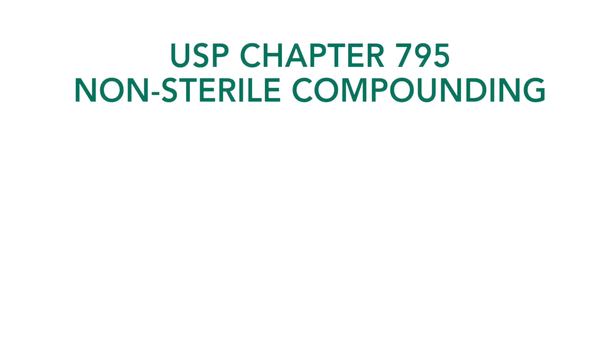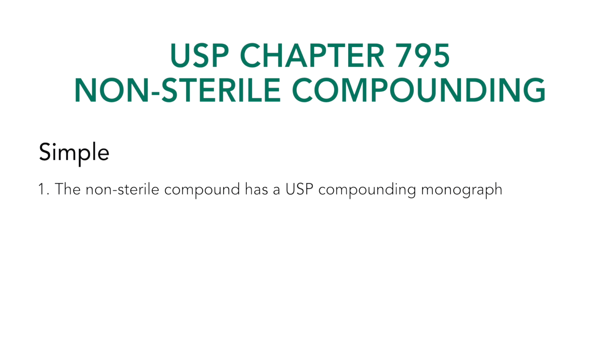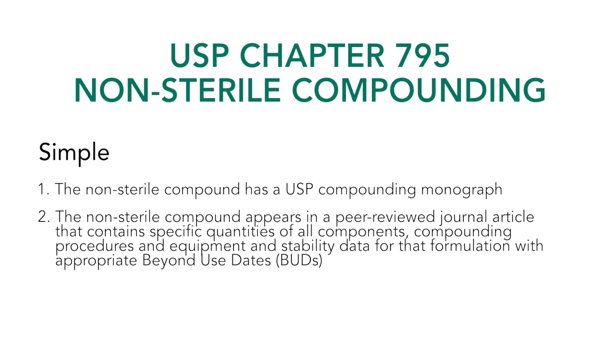USP Chapter 795 breaks non-sterile compounding down into three categories. Let's take a moment to review the USP 795 definitions of simple, moderate, and complex. There are three types of simple non-sterile compounds. First, the non-sterile compound has a USP compounding monograph.